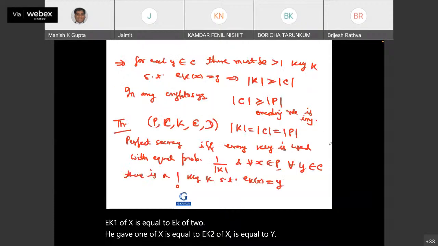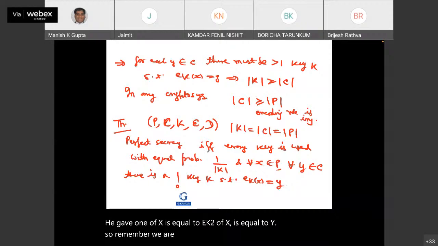So remember, we are saying there is a unique key.